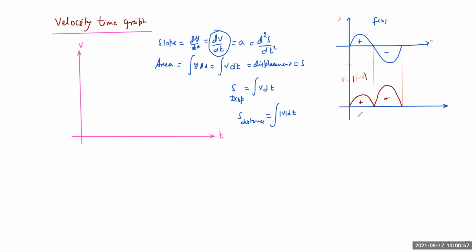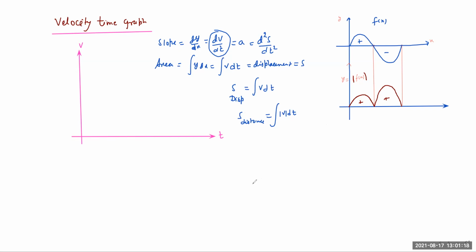Sir, dv by dt is the instantaneous acceleration, no? Yes, correct. So in this VT graph we consider the acceleration for a short period of time.